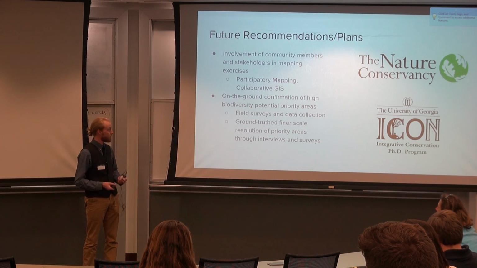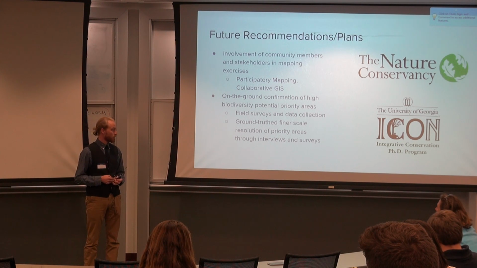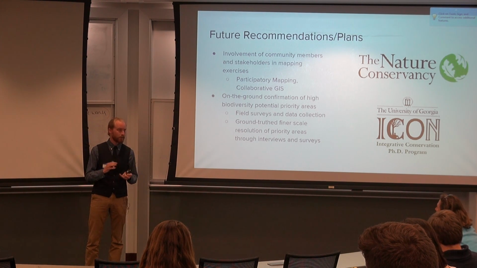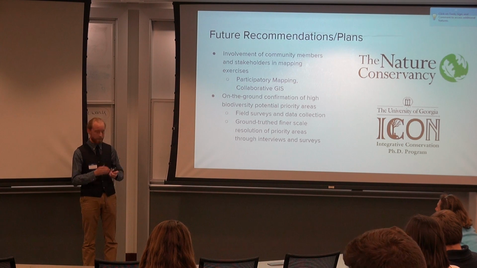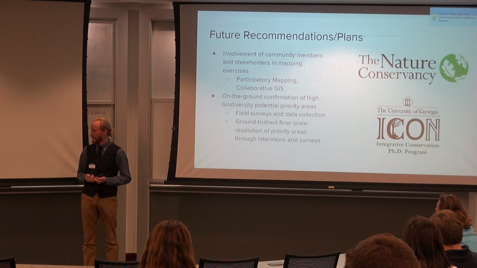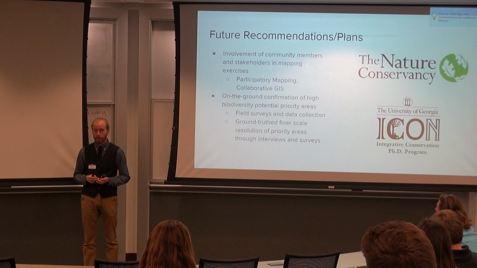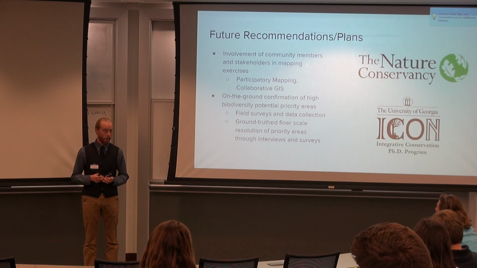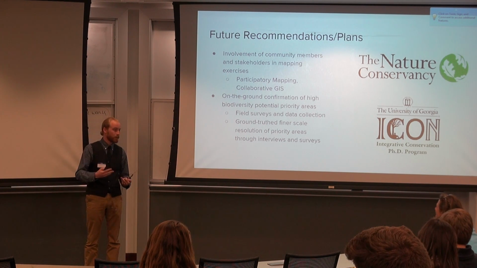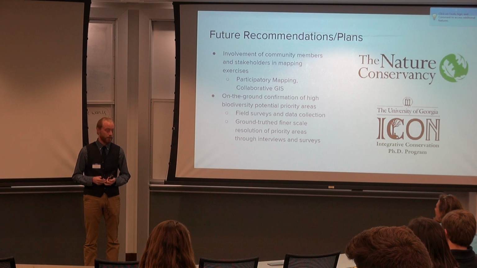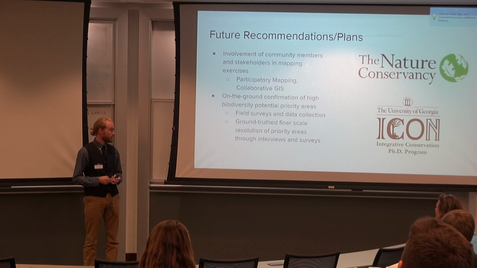It would have been very interesting to get on the ground and have that ground truth, finer scale resolution of some of these areas, and maybe an area that was highlighted as green as being of high biodiversity potential. That's where our large Walmart complex is. Like we didn't really get to that fine grain point of analysis.